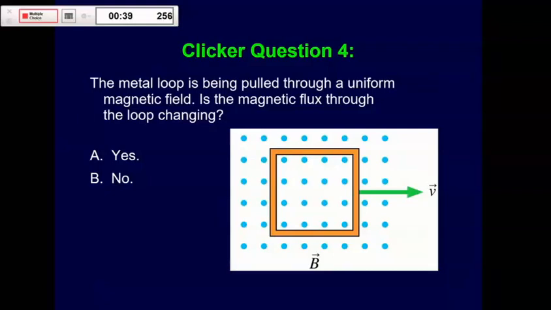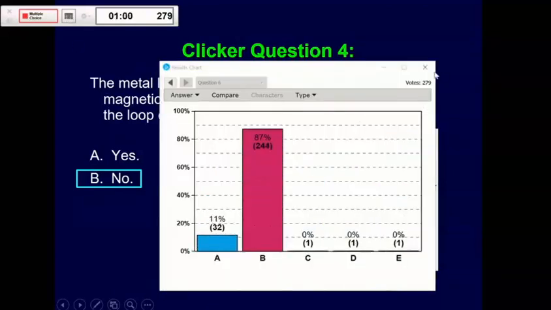I think I agree again with the majority here. So I'm going to say no for this one. I think that's where most of us are at this point.